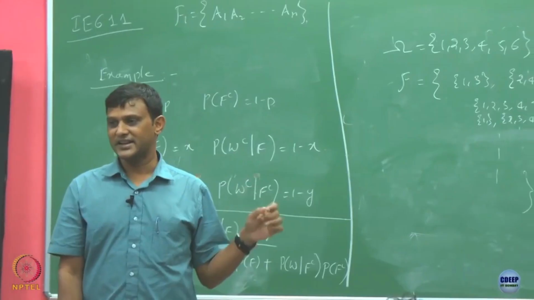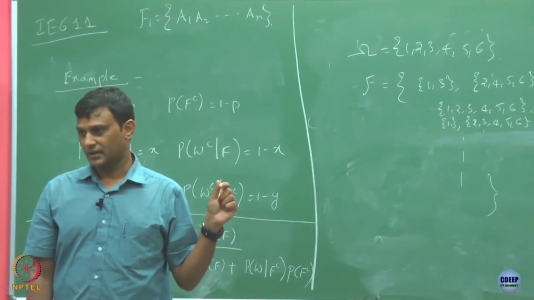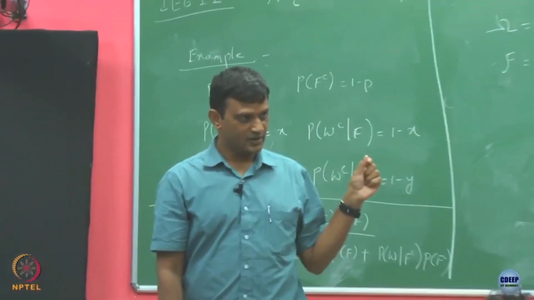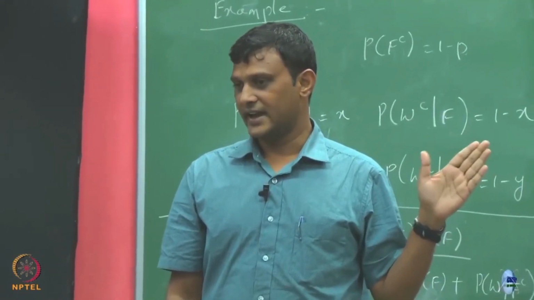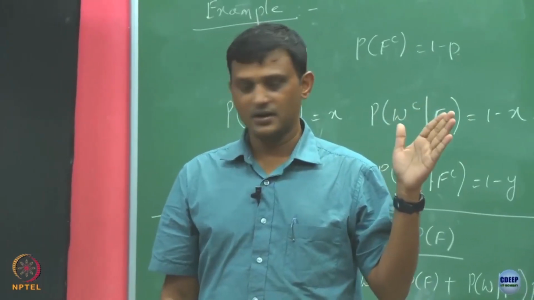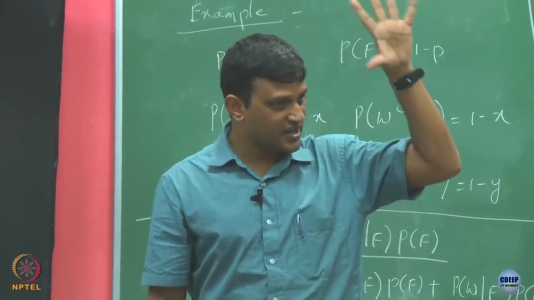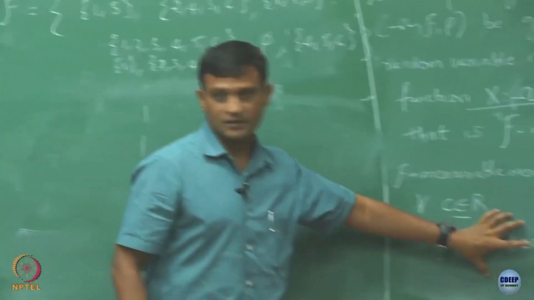So it is not necessary that every function you define on your sample space is a random variable. It has to be F measurable. The very purpose of defining a random variable by assigning numbers to the outcomes is that I want to measure events, and this is exactly doing that.